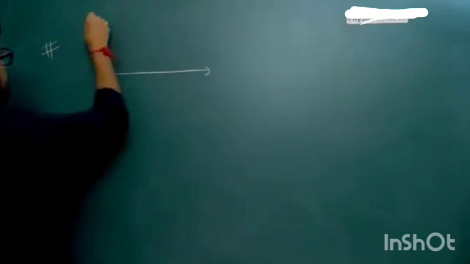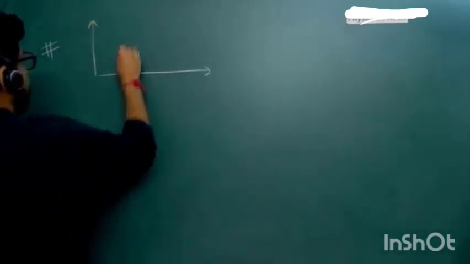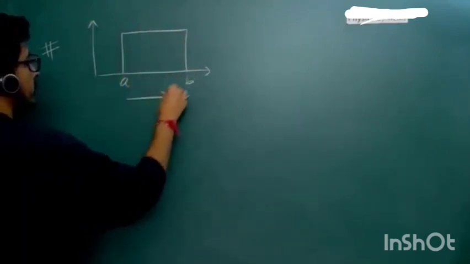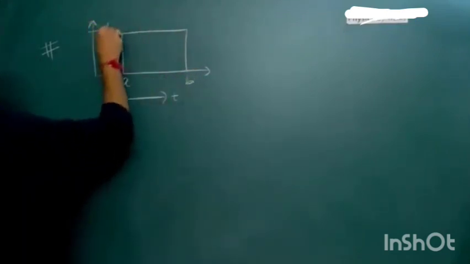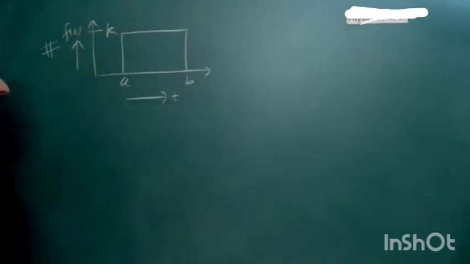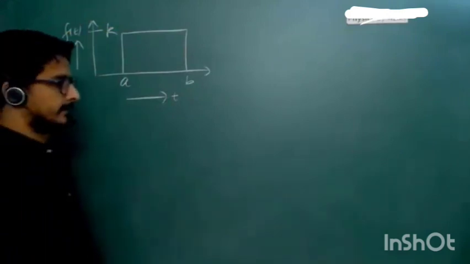So suppose you have a question like this, in which the function ft is given like this. This is some a point, this is b point, this is t, and this is k, and this is ft. We have to calculate Laplace of this.